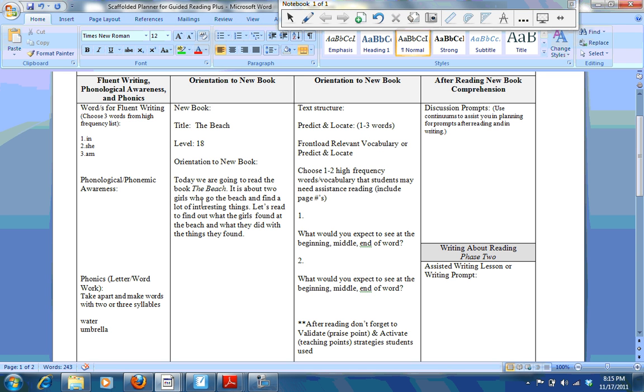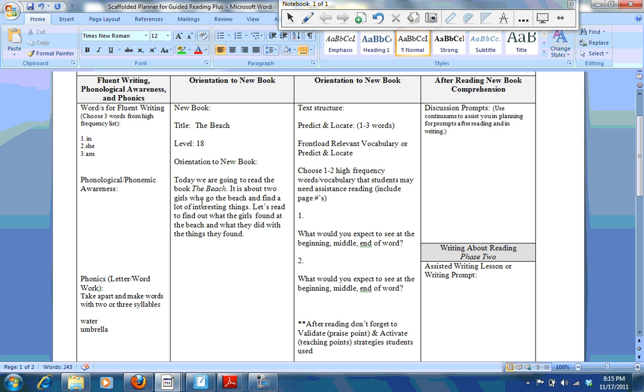Now, the thing that you need to think about, especially with a transitional level, is how much guiding you need to provide the students. With this book, it's called The Beach. Maybe they might struggle with not having much background information about beaches because they've never been there.